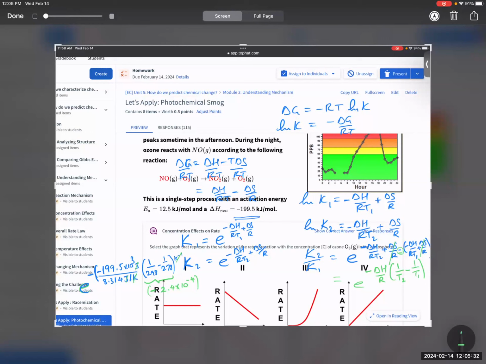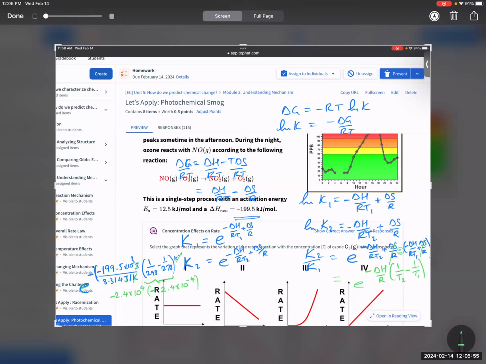I get another negative number: negative 2.4 times 10 to the power of 4. Wow, again 2.4, that's amazing.